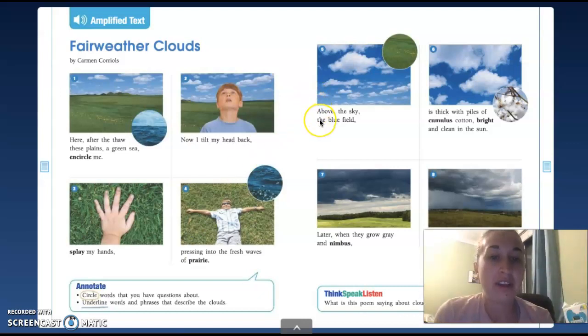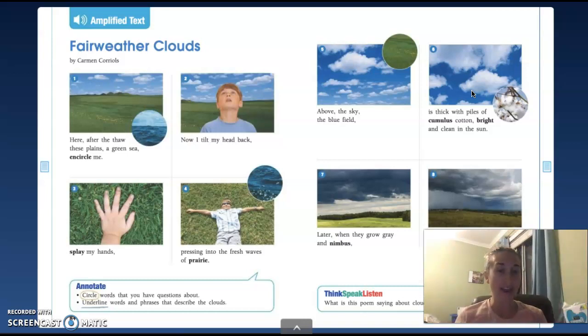Picture 5. Above the sky, the blue field. Picture 6 is thick with piles of cumulus cotton, bright and clean in the sun. So here, right, he says is thick with piles of cumulus cotton. Is there really cotton in the sky? Go ahead and take a second to think about that. No, there's not cotton in the sky.